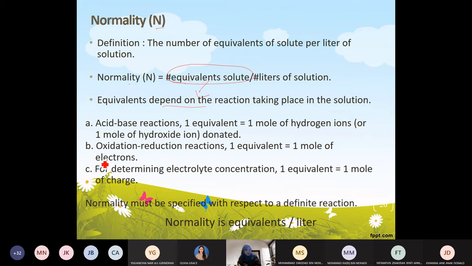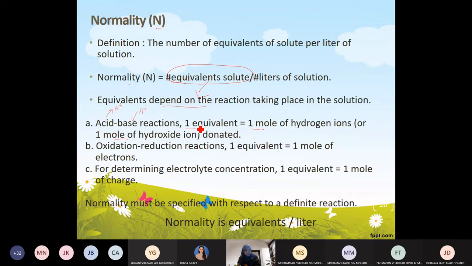For example, if we look at acid-base reaction, tindak balas acid dan base, one equivalent equals 1 mole of hydrogen ion or 1 mole of hydroxide ion donated. So dalam tindak balas acid-base, selalunya acid donate hydrogen, H+, proton, and base accepts the donated proton.